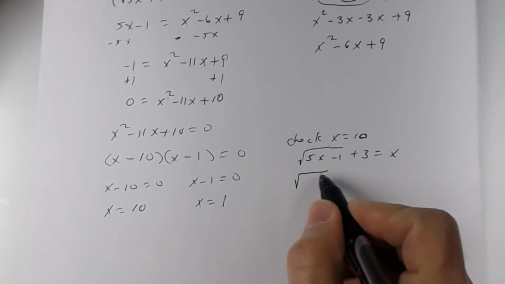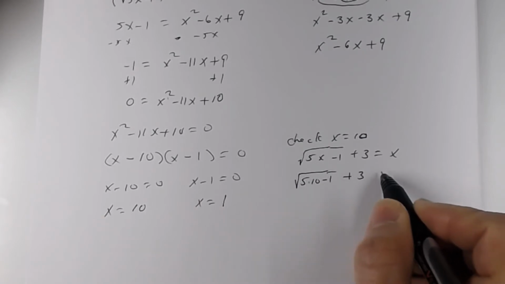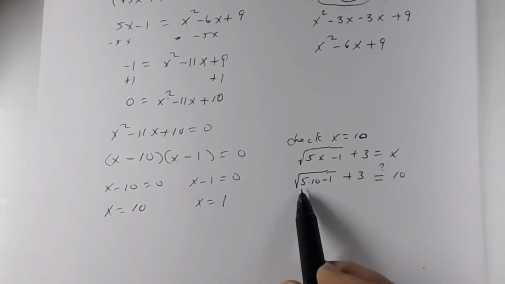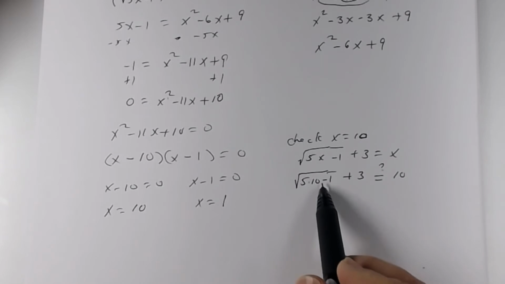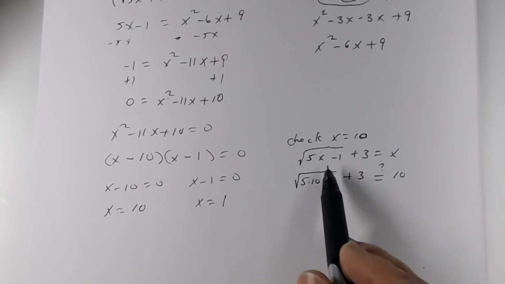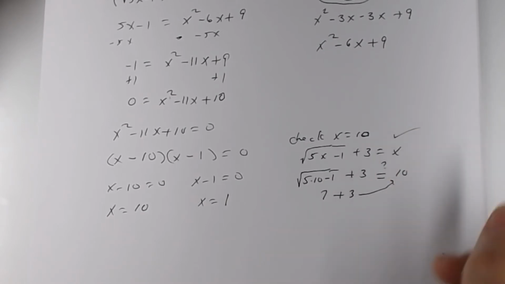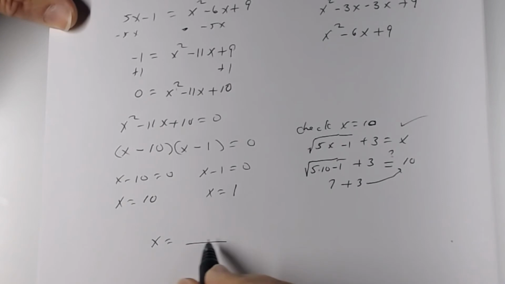So I get the square root of 5 times 10 minus 1, plus 3, and I want to see that it's going to equal x, which is 10. Well, what's 5 times 10? 50. What's 50 minus 1? 49. What's the square root of 49? 7. What's 7 plus 3? 10. So that's a solution. In the blank, you would say x equals 10 is a solution.